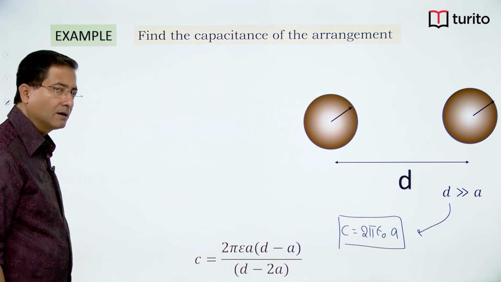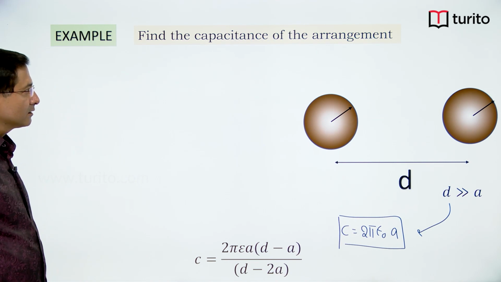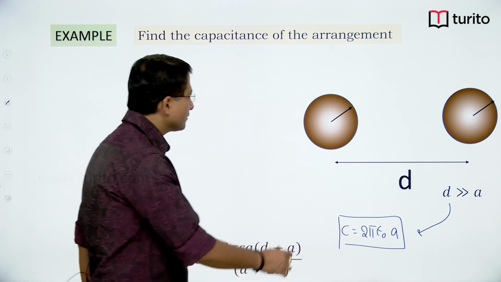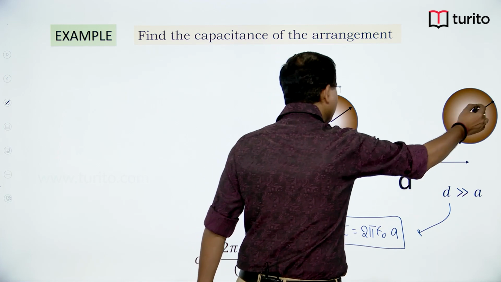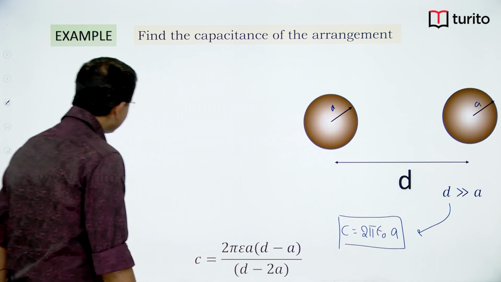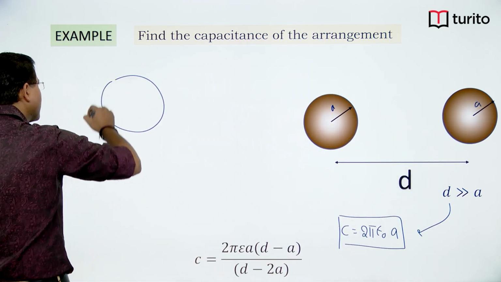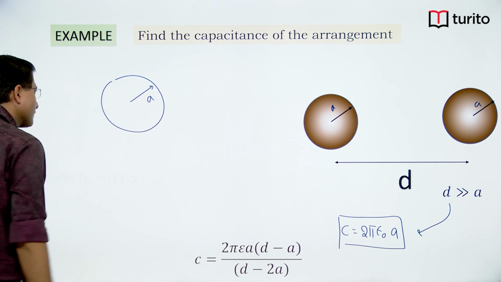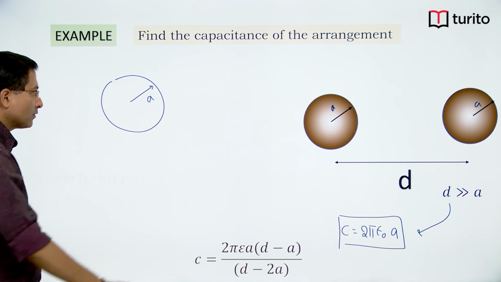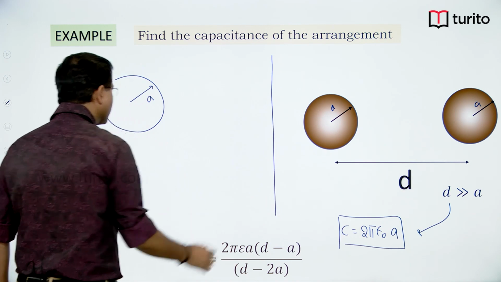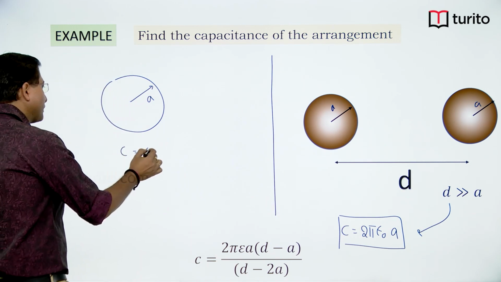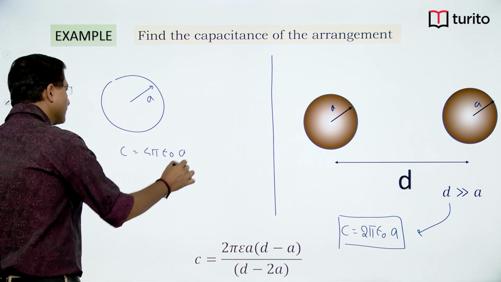Now, what I am saying, directly you can get this result. If you look closely at the system, we know that for an isolated sphere of radius A, the capacitance is 4 pi epsilon naught A.